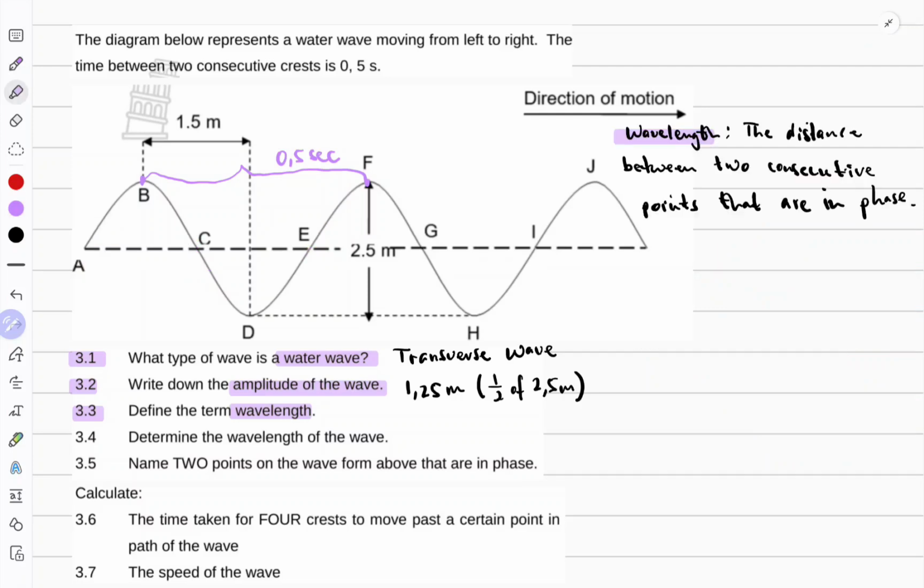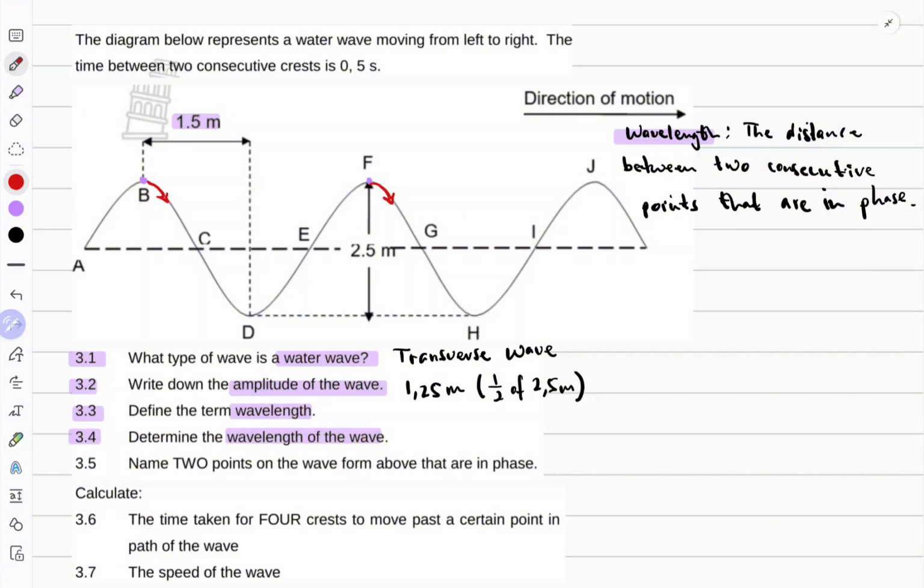So the next question says, determine the wavelength of the wave. So we need to look for a distance between two consecutive points that are in phase. We can already see that we have a clue here, 1.5 meters. So let's first identify two consecutive points that are in phase. If you consider point B and point F, we can see that both points are on the crest and they lead towards a downward disturbance in the wave.